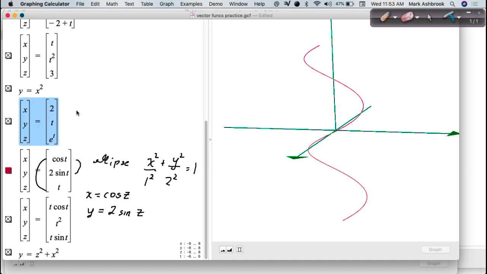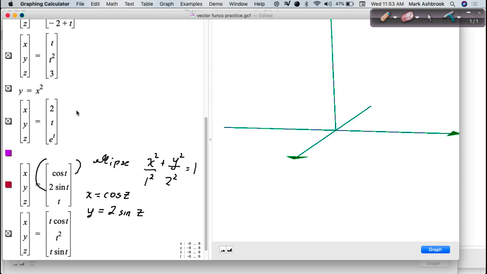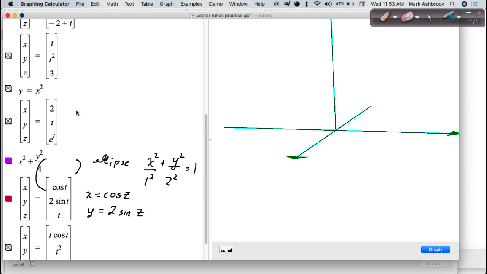So if I come in here and graph that elliptical cylinder, x squared plus y squared divided by 4 equals 1, what's going to happen? How's that going to relate to our curve? What's that? Yeah, the curve is going to live on that elliptical cylinder.